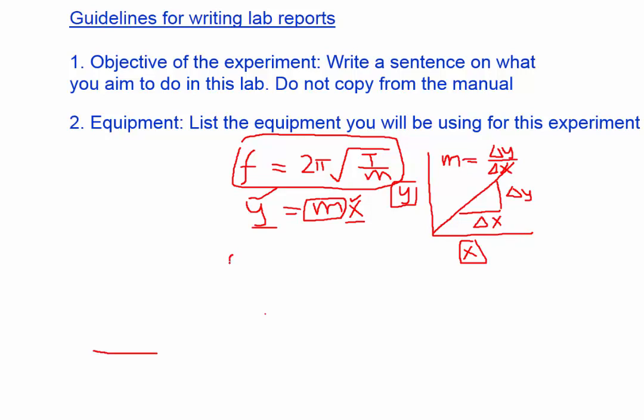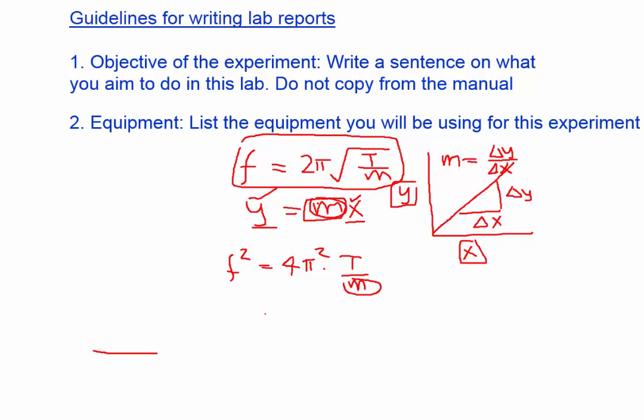So if you do that, we get f squared equal to 4 pi squared times T divided by M. Now, don't confuse this M with this M in the y equal to mx form.